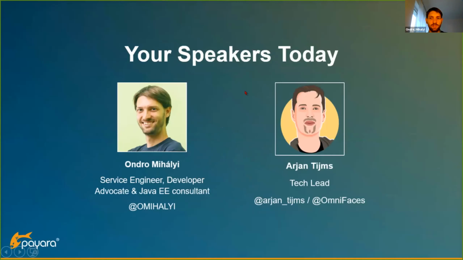So yeah, I think Jane already introduced me, and if you were at the previous webinar, I also talked about new features in 1.8.3. So I'll go together with Arian through the features in 1.8.4.